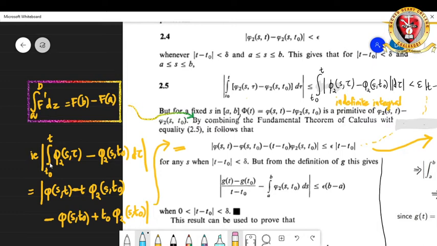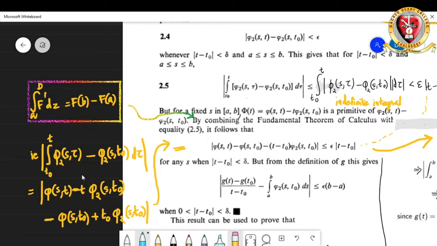In the fundamental theorem of calculus, you get that the integral is equal to F of b minus F of a. So here, instead of F, you have capital Phi of t, instead of b you have t, and instead of a you have t naught.